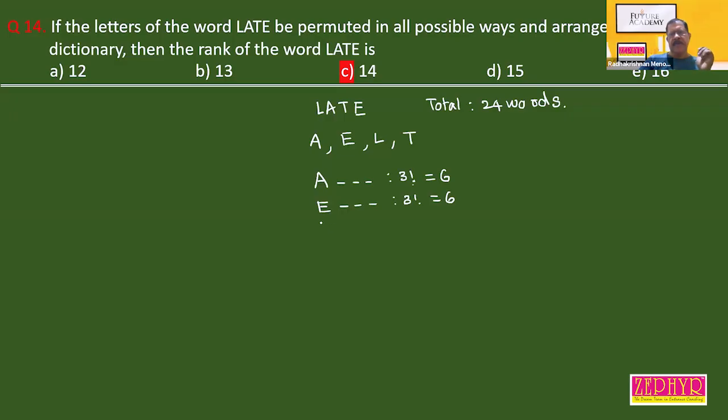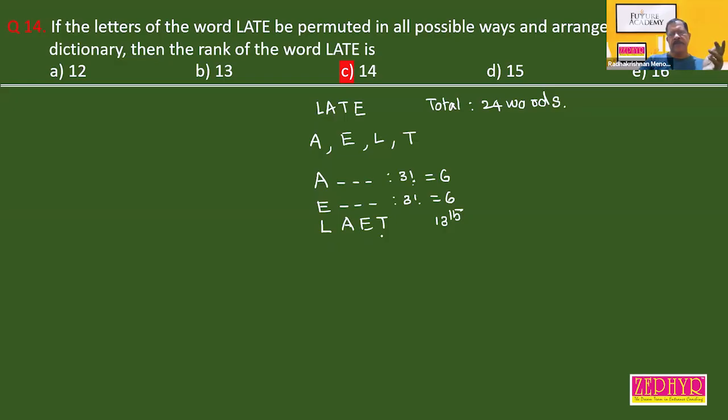Now, consider the words starting with the letter L. After L, the next letter in dictionary order is A. Then LATE, ET, that will be the 13th word.